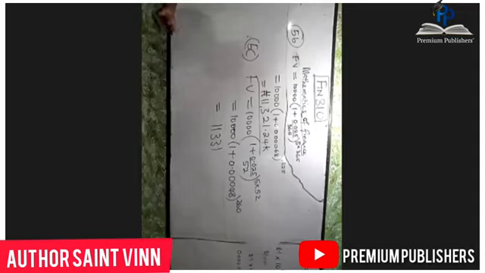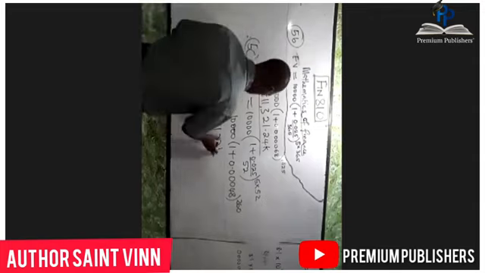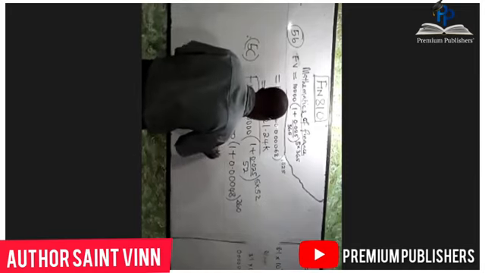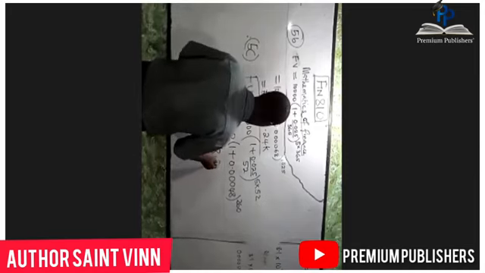How many zeros are there? 3 zeros. 48 raised to the power of 260 times. So what did you say you get? 11,330.